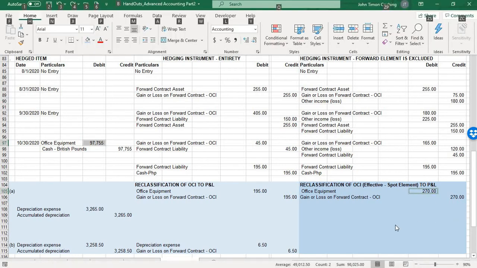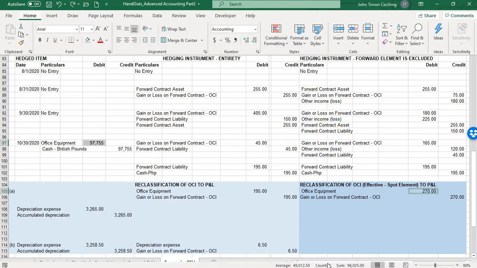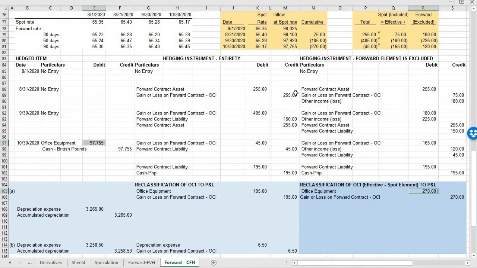So, ang office equipment natin ngayon is now at 98,025. At ano yung 98,025? So, iyon yung ating expected inflow as computed at the date of inception, 98,025.